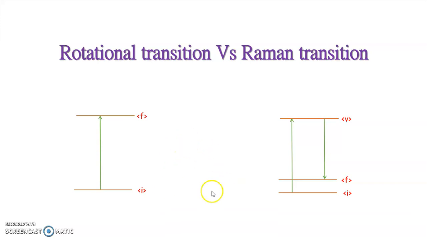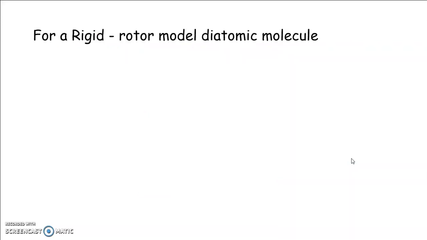So, when the initial and the final states are rotational levels, we know the selection rule for rotational spectroscopy, that is delta J equal to plus or minus 1. But in the case of rotational Raman spectroscopy, the selection rule will be delta J equal to plus or minus 2. In rotational Raman spectroscopy, we will focus on linear diatomic molecules.